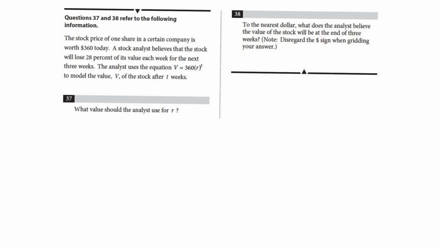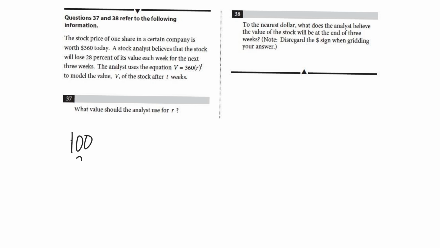Well, if we're losing 28%, then we start at 100% each year. If it's the same amount each year, we should multiply by 100%, or 1, right? Now, if you're decreasing, you need to decrease that 100% by whatever percent we're talking about. So it'll be 100% decreased by 28%.